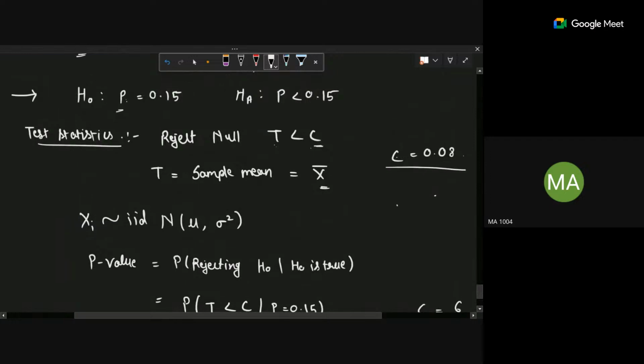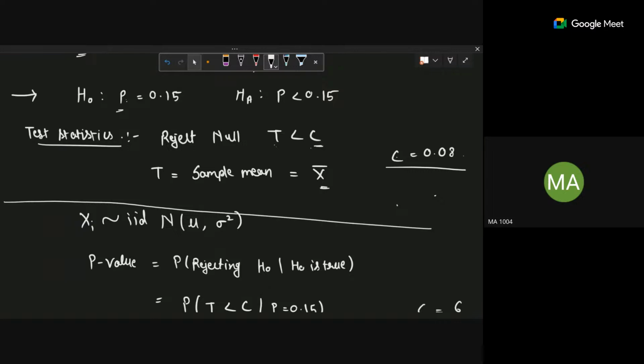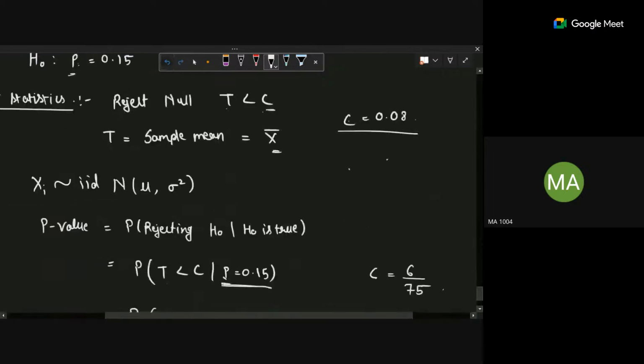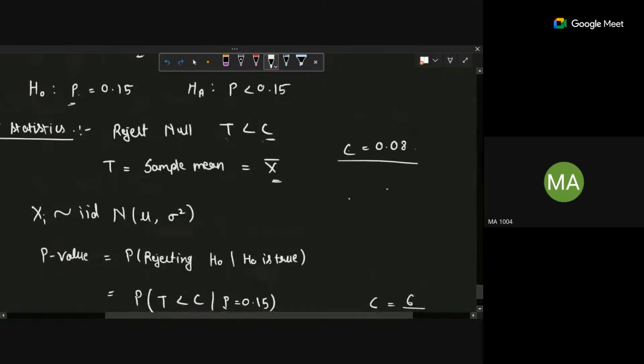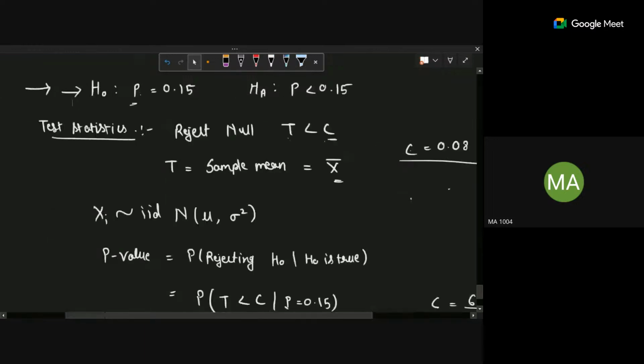So let's go with the null hypothesis. Till this part, life was easy. If you start the question, you will have your null hypothesis, your sampling, test statistics, all this. Once you reach here, you will have the question: okay, now what to do?